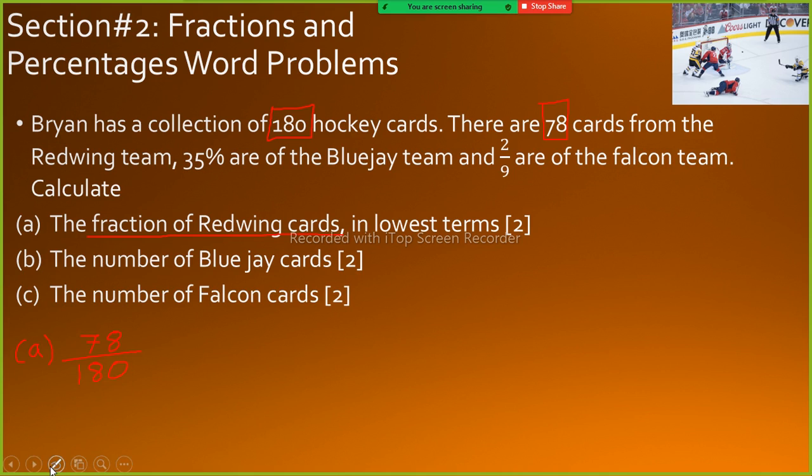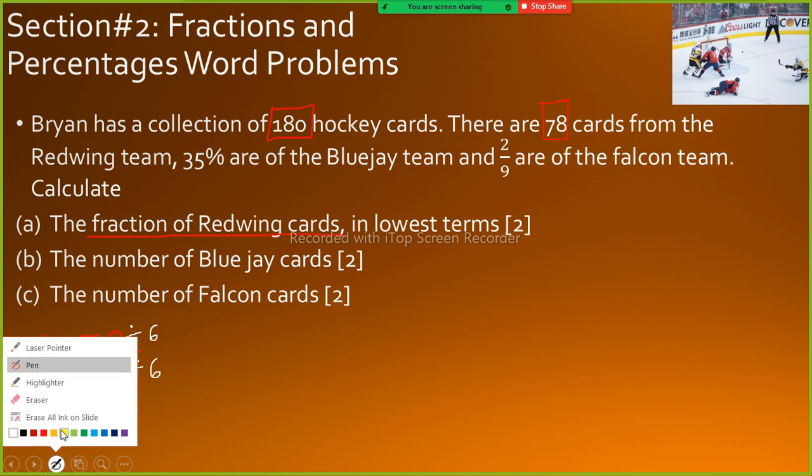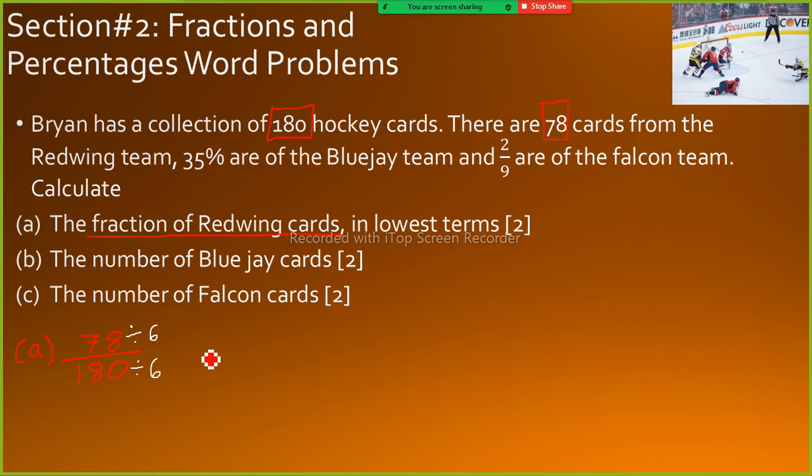78 divided by 6. All right. 180 divided by 6. So this is going to be equal to, well, we know that 6 goes into 78. Let's do it on this side. 6 goes into 78.